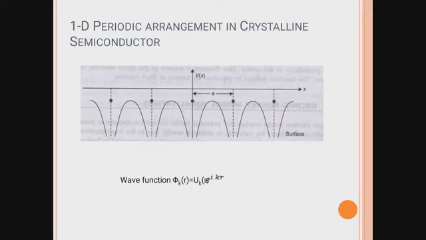And each and every interatomic spacing, that means the distance between each atom, is denoted over here by the parameter a. a is nothing but the interatomic spacing.